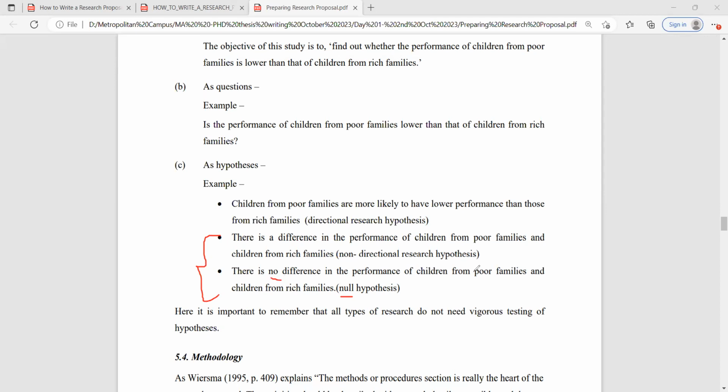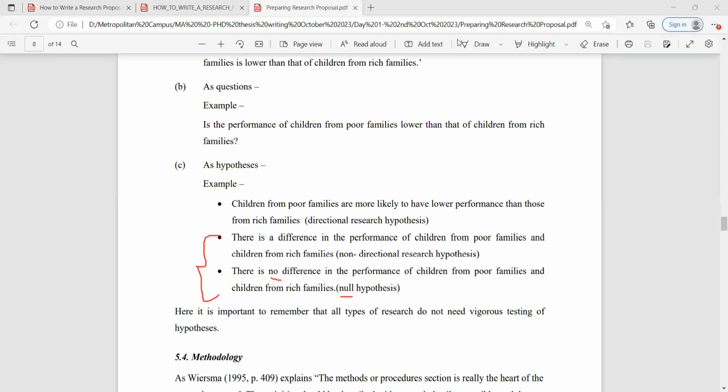There is no difference in the performance of children from poor families and children from rich families. So that is your null hypothesis. And your alternative hypothesis: there is a difference in the performance of children from poor families and children from rich families. So from the same setup, you can make all three.